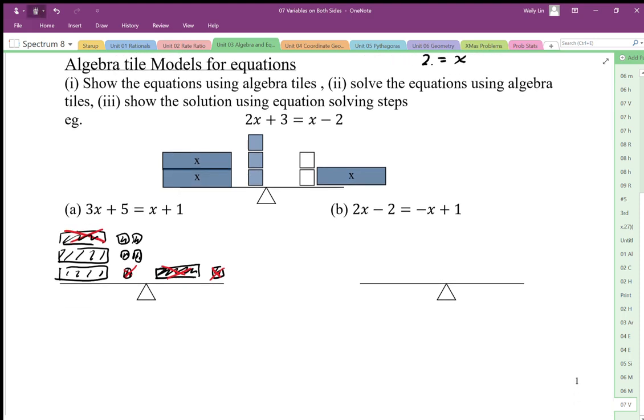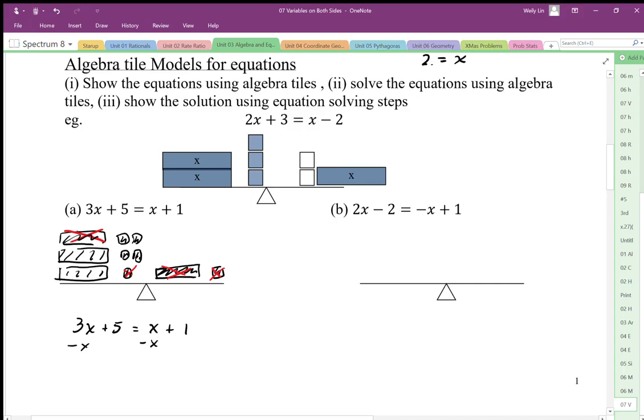However, I also want to see the algebraic solution. Okay, so what I can do here is I can do a minus x. That's taking away those 2 x's. Okay, in fact, I'm going to start compressing some of my steps.